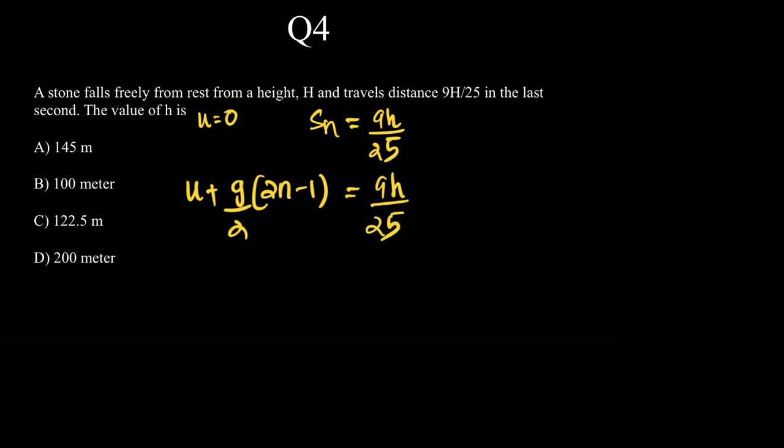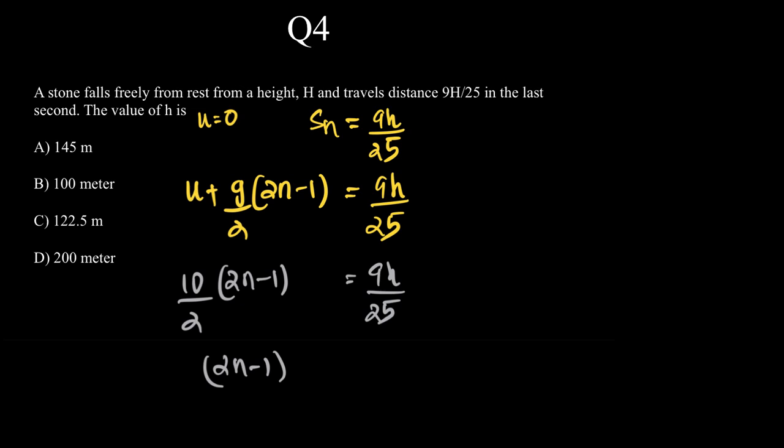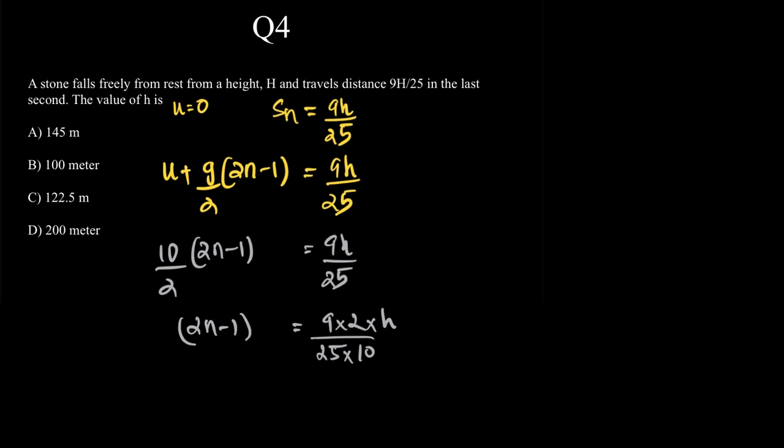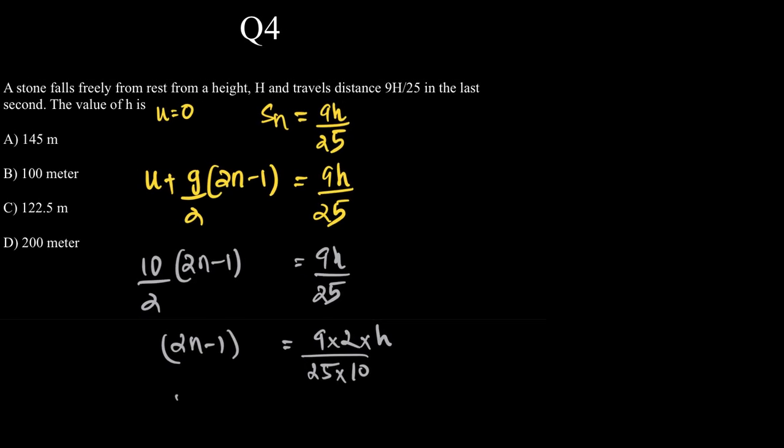What is g? g is 10. So 10 by 2 times 2n minus 1 is equal to 9h by 25. So 2n minus 1 would be equal to 9 into 2 whole upon 25 into 10 into h. So this becomes 2n minus 1 is equal to 9 by 125h.